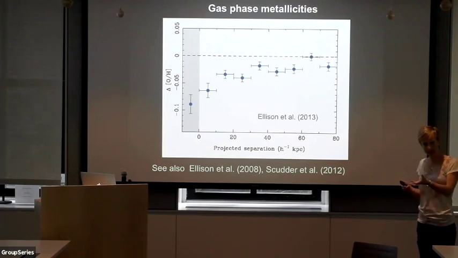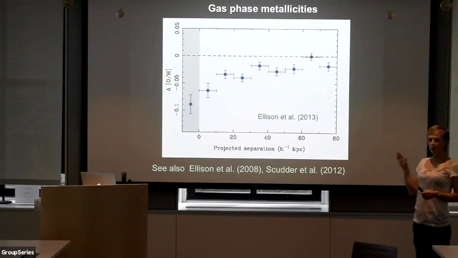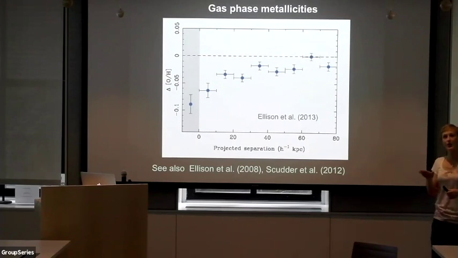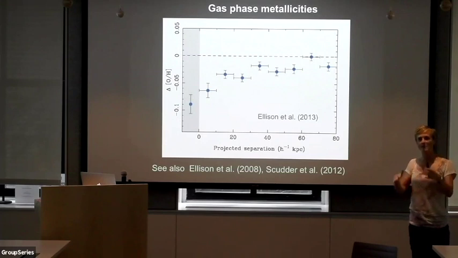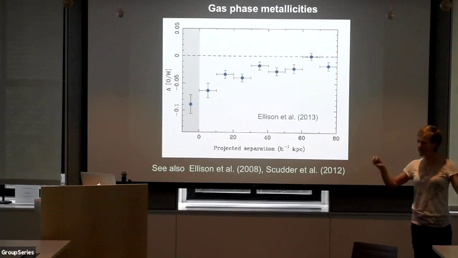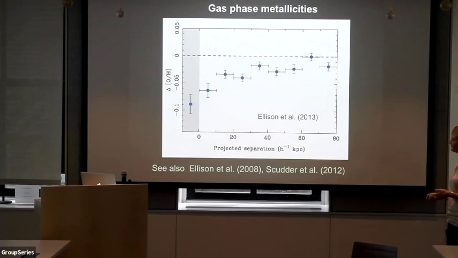You build up your gas in the center, you trigger a starburst. This should also have an effect on the central gas phase metallicity, because you're taking gas from the outer disk and funneling it to the center. Because galaxies have abundance gradients, such that they're more metal poor at the outside, you're taking gas that's more metal poor, putting it in the center, so you dilute the gas phase metallicity.